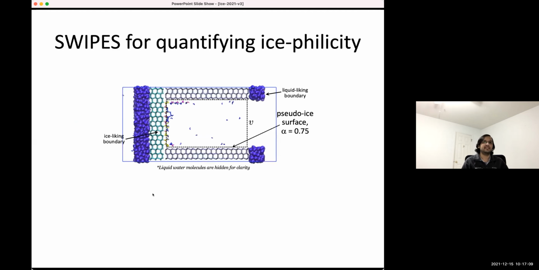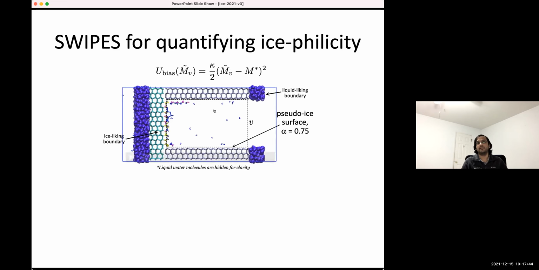Here's how it works in practice. These gray surfaces that you see are the pseudo ice surfaces that we want to study. We additionally have these boundary surfaces, which are there to break the symmetry and make sure that we're going to have ice on the left-hand side of the simulation box and water on the right-hand side. And then in this probe volume, this observation volume V, we apply a biasing potential that tries to establish a certain number of ice-like waters.